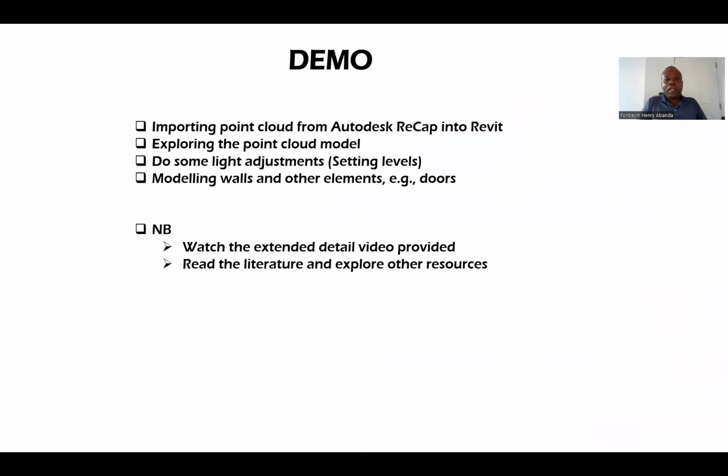So at the end of this demo, you should be able to import point cloud data from Autodesk Recap into Revit, explore the point cloud model, do some light adjustments like setting levels, and then model walls and other elements. Most importantly, I would advise you to watch the extended detailed video that I've copied from YouTube, for which I've provided a link.